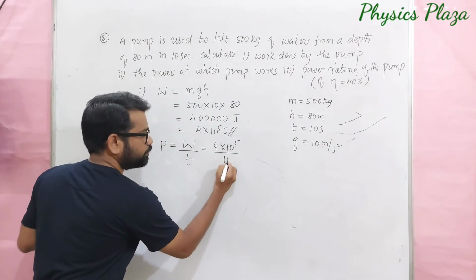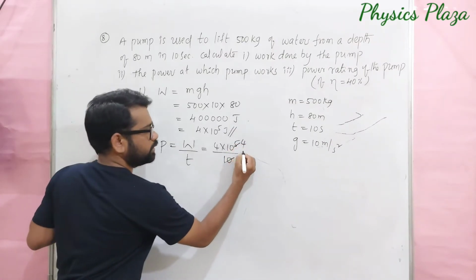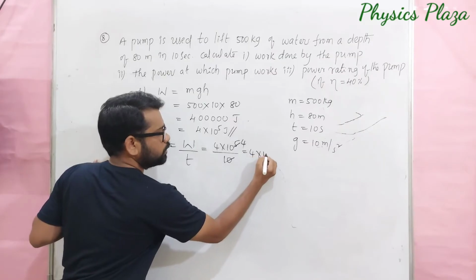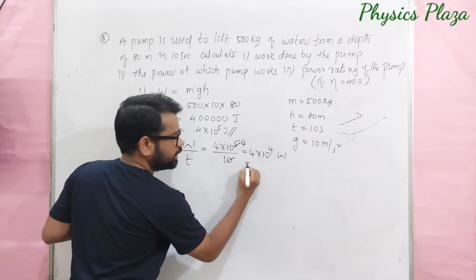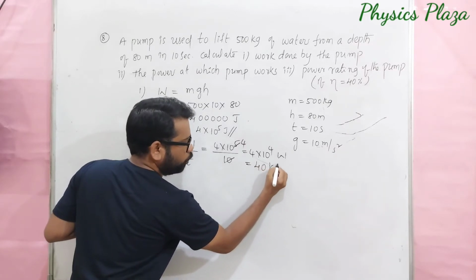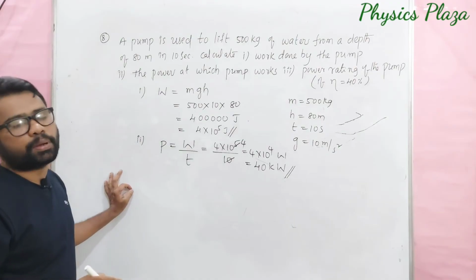So 10, one zero cancels, 4 will be there. So this will be 4 into 10 power 4 watt, or we can write it as 40 kilowatt. 40 kilowatt is the power of the pump.